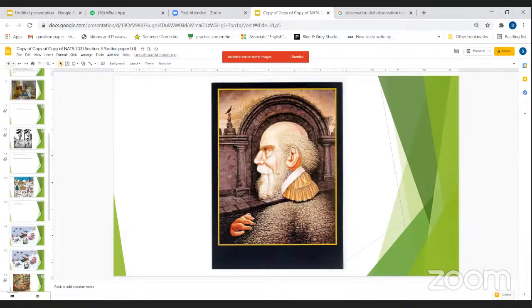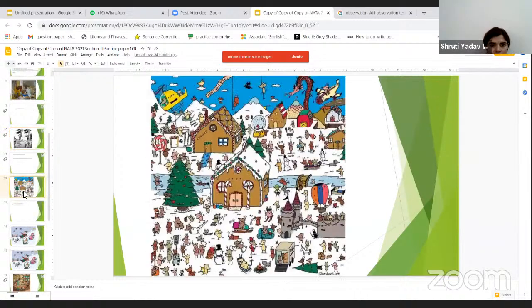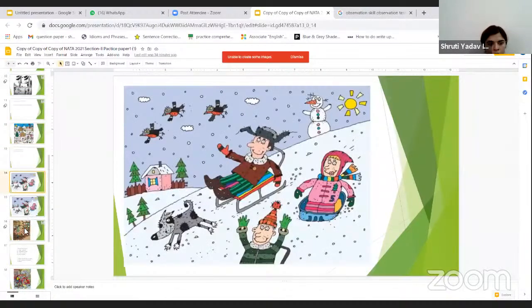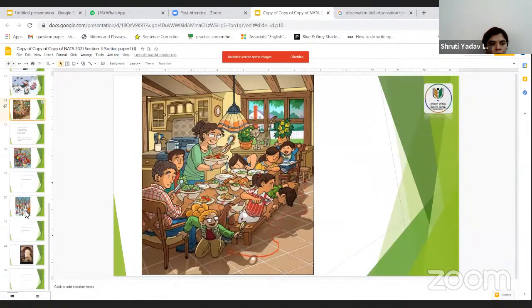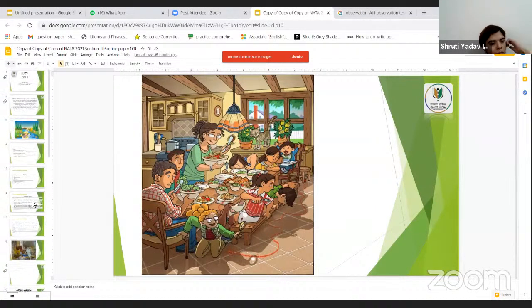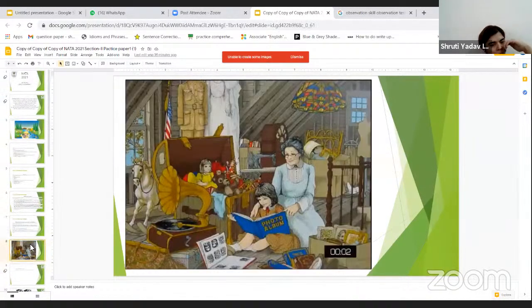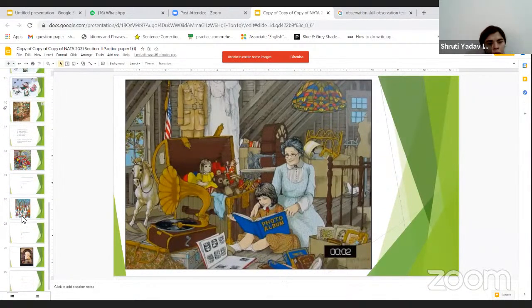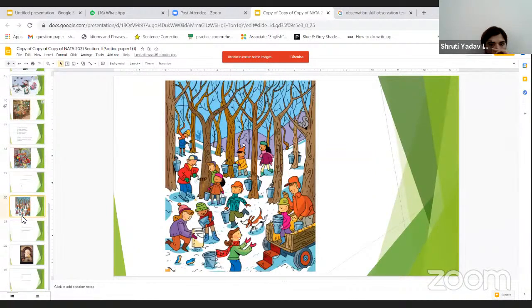Apart from that, any questions about any of the pictures that we discussed? This time I tried to show you images where you have hidden elements, a lot of hidden elements which you have to figure out.